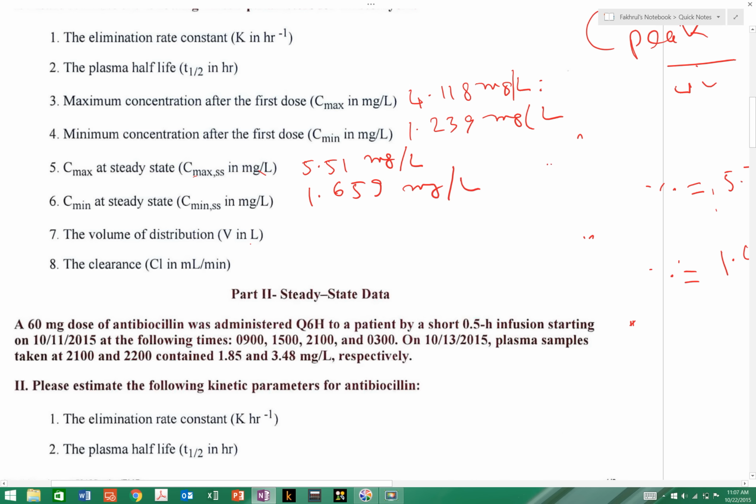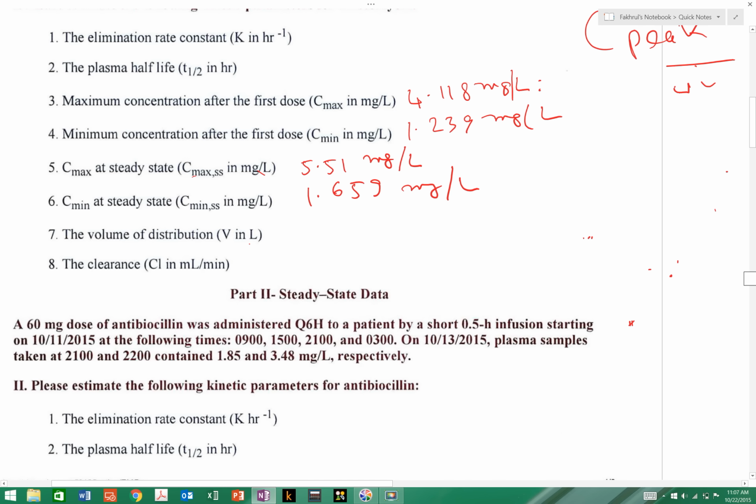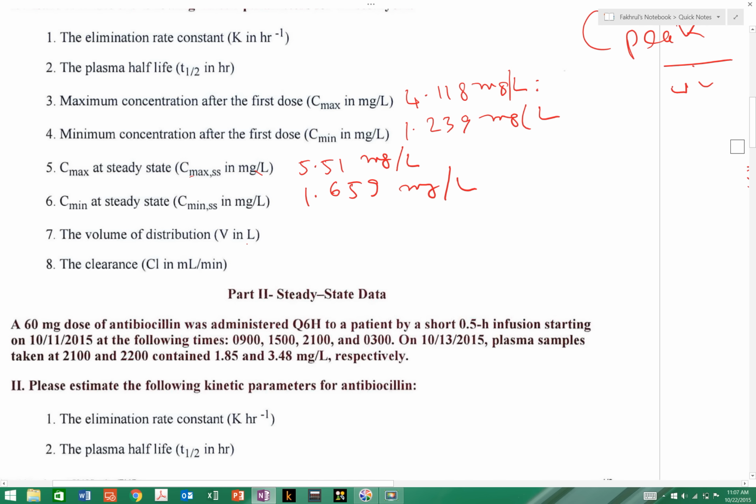Just remember, in the case of Cmax and Cmean at steady state, you have to go backward. You have to calculate RSCC, using the equation for multiple dosing. RSCC is equal to 1 over 1 minus e to the negative K tau.